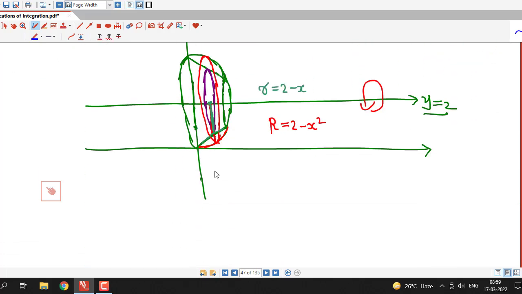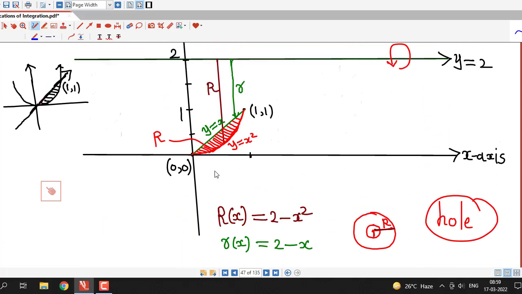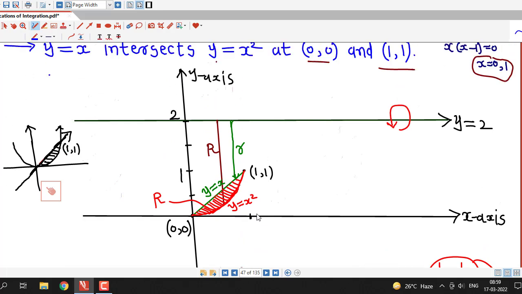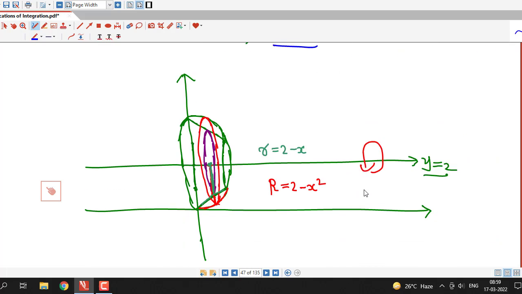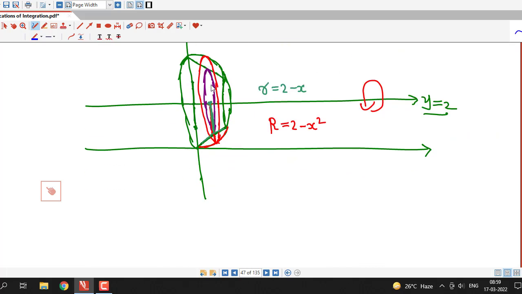So now once we have outer radius and inner radius of the cross section, we can decide the volume, and because here both are functions of x, we have to integrate with respect to x, and we can see x lies between 0 and 1. So now volume of the solid generated by rotating that region is given by this formula.